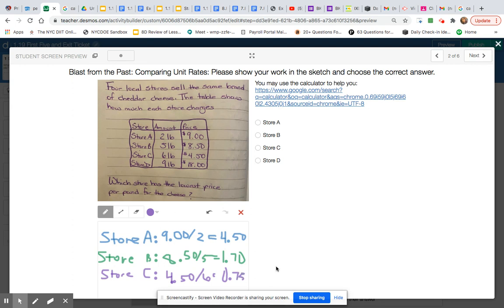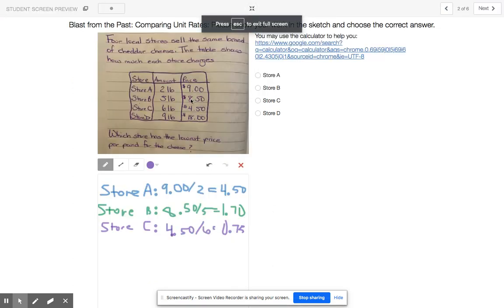And then last but not least, store D. Let me just put it in full screen. Store D. Just doing that in another color. I'm just going to put D just because I'm on a time limit. Okay. So we have $18 divided by 2.